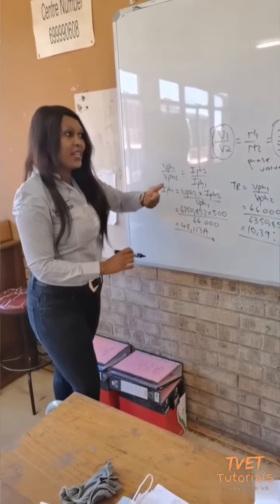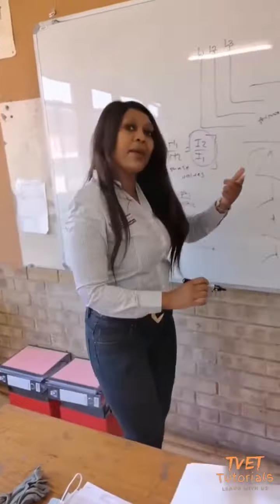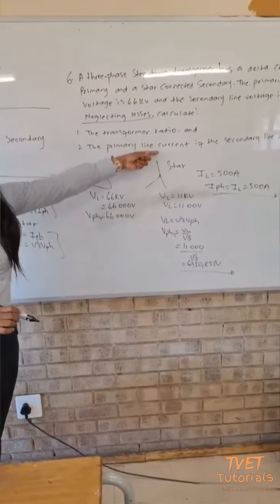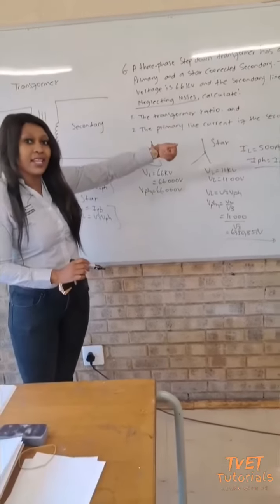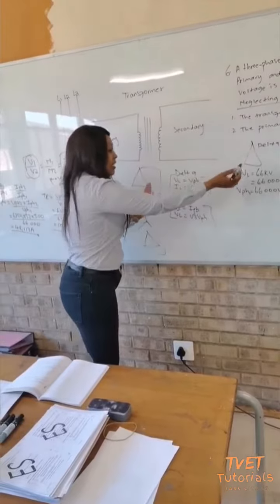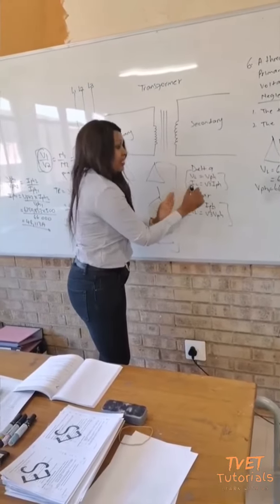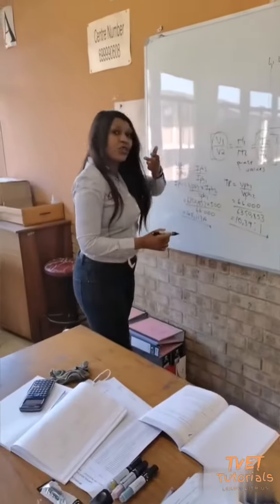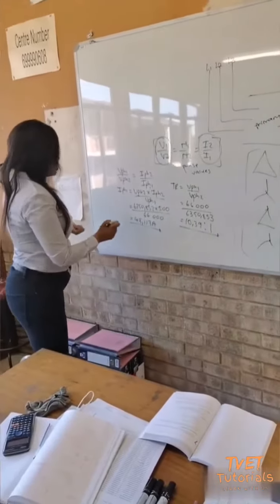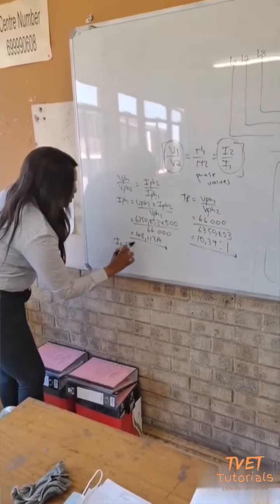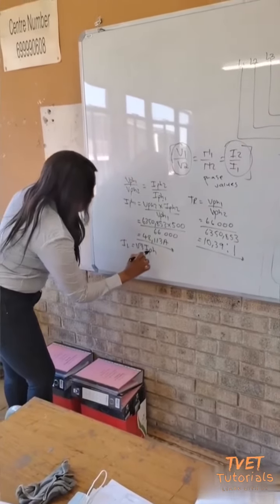They did not ask us to calculate the phase current, but they actually wanted the line current. So you need to check how you can find the line current. It's a delta connection. The primary side is delta. How do you find a line current? We're going to use this one for currents because they actually want the line, not the phase. From there, it says I line equals the square root of 3 times I phase.